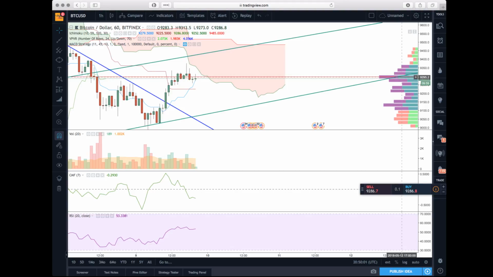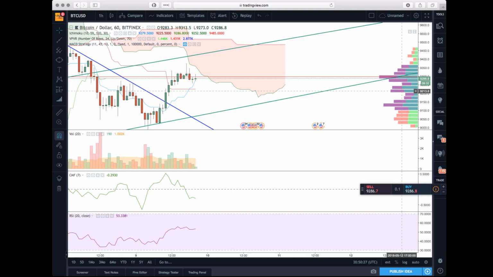This area right here, right where we are and right above us, is at the moment an area of resistance for us, because there's just some increased interest, buying and selling, in that area. And then we've got a gap right there. But we have some decent volume down around the support of the Kijun line there on the hourly.